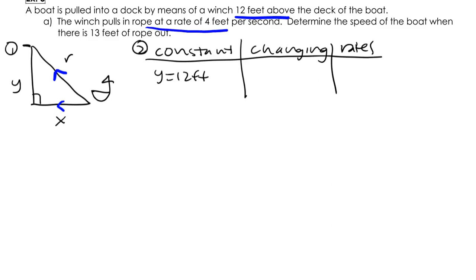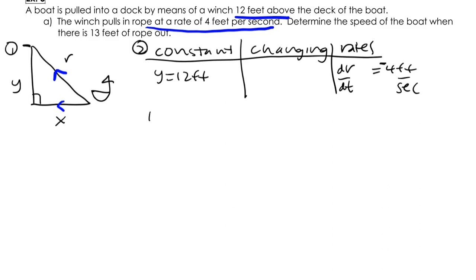Go to the next number. The rope goes in at 4 feet per second. They also said rate, so we know it's here at 4 feet per second. And where's the rope? It's R, dr dt is changing. Now, did you notice something that I should have fixed? As this rope goes in, do you get that this length is decreasing? So we're going to have a negative amount here.